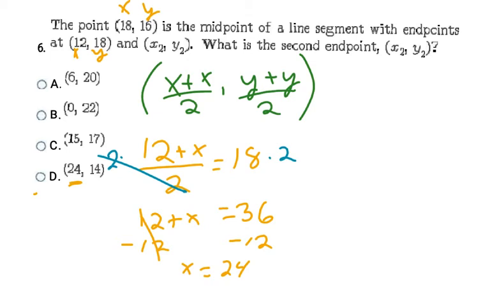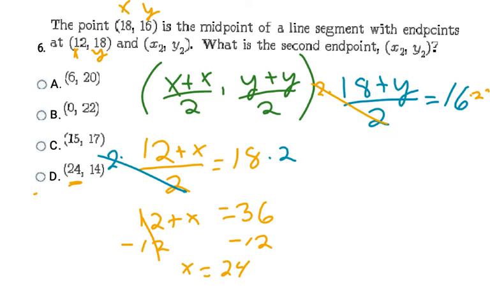So the y coordinate of my endpoint is 18. So I'm going to fill that in, and then I'm going to add the y that I'm looking for, divide that by 2, and that's going to equal the y coordinate of my midpoint, which is 16. I'm going to go ahead and multiply both sides by 2.